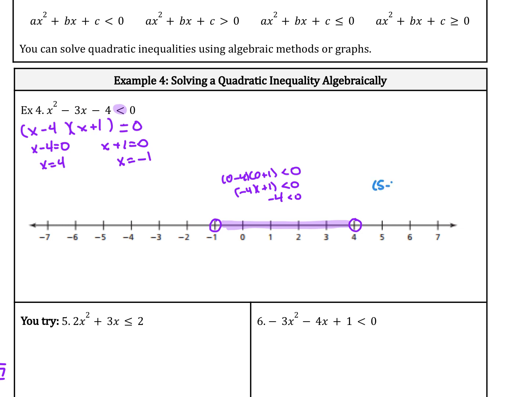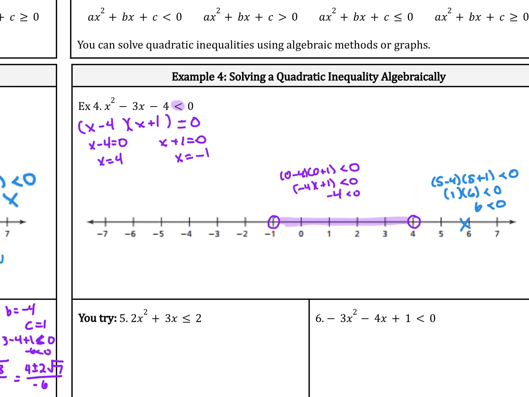We have 5 minus 4 times 5 plus 1, is that less than 0? You can tell already that 5 minus 4 is positive, and 5 plus 1 is also positive. That means when you multiply them together, it will be greater than 0 and won't work. Some of you can see that right away, and that's perfect. So it's not less than 0, and you would not shade in there. It is not true.